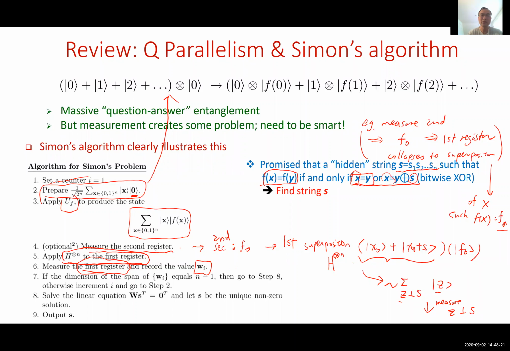You repeat the same procedure many times and get a set of w which is orthogonal to S. Then it reduces to a classical problem where you solve this equation.